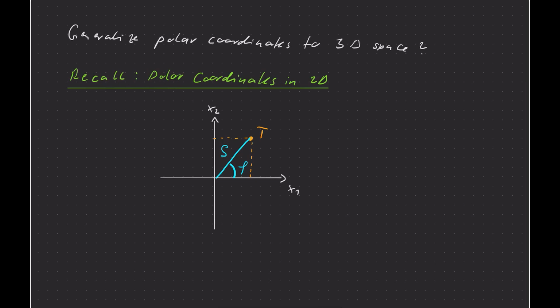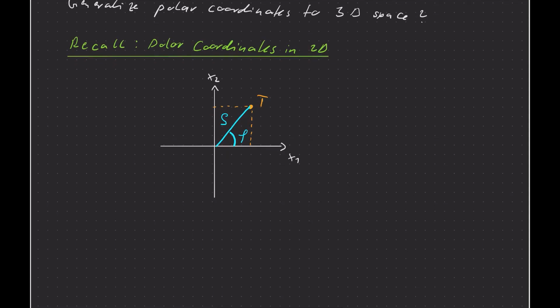Okay, so those are the two specifications in planar polar coordinates. That means you can describe a point T with the polar coordinates rho and phi. And to get back to the Cartesian coordinates, you need to take rho times the cosine of phi and rho times the sine of phi.